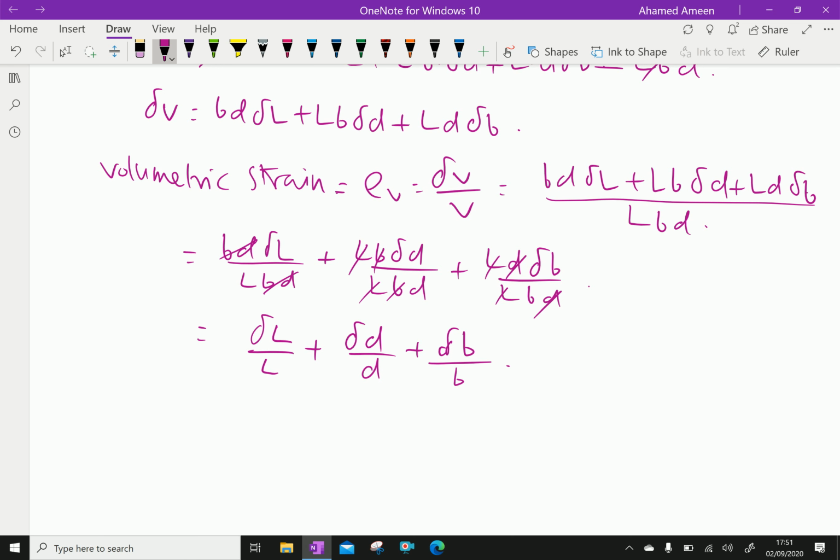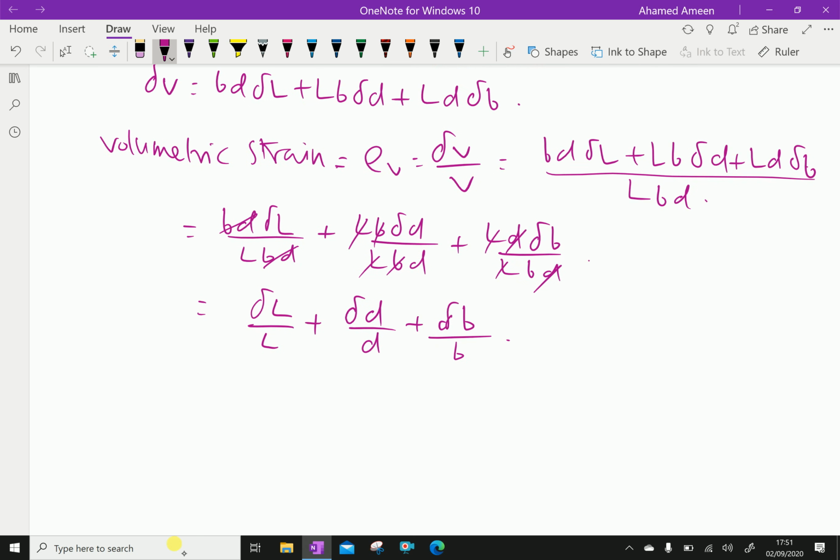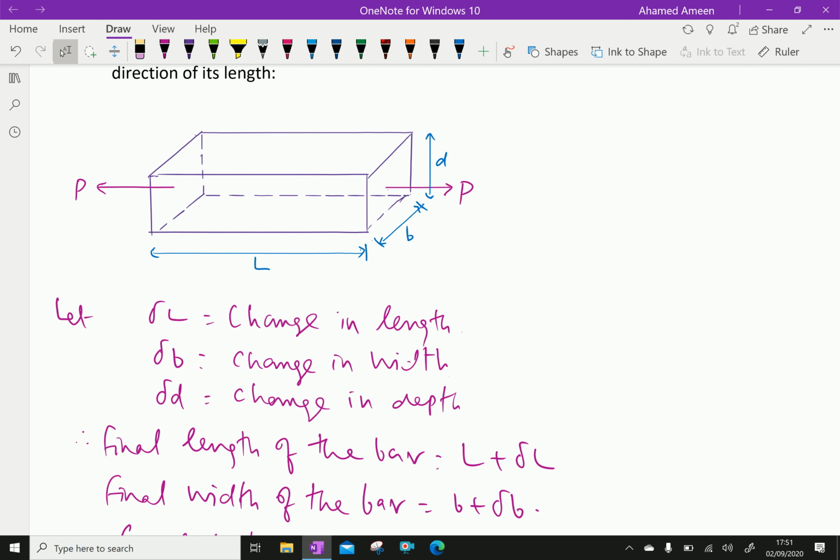In this expression, we know that delta L by L equals longitudinal strain, because it is change in length by original length.